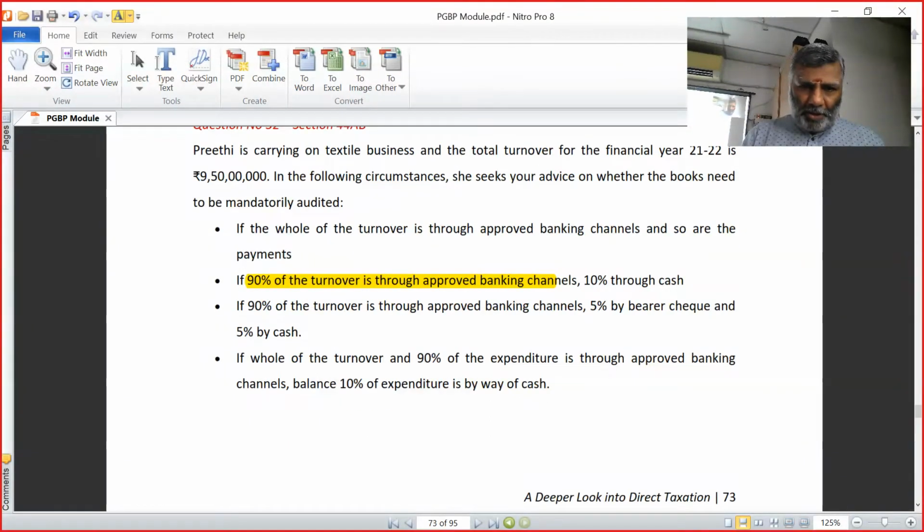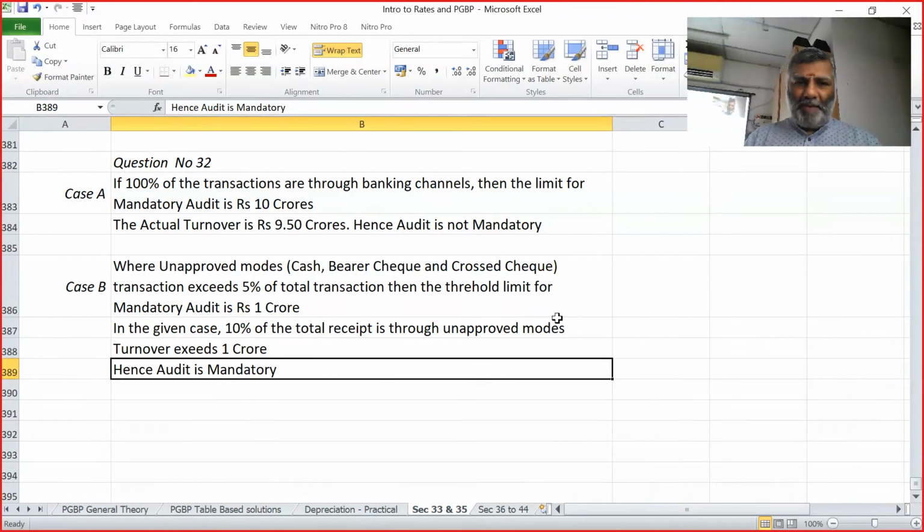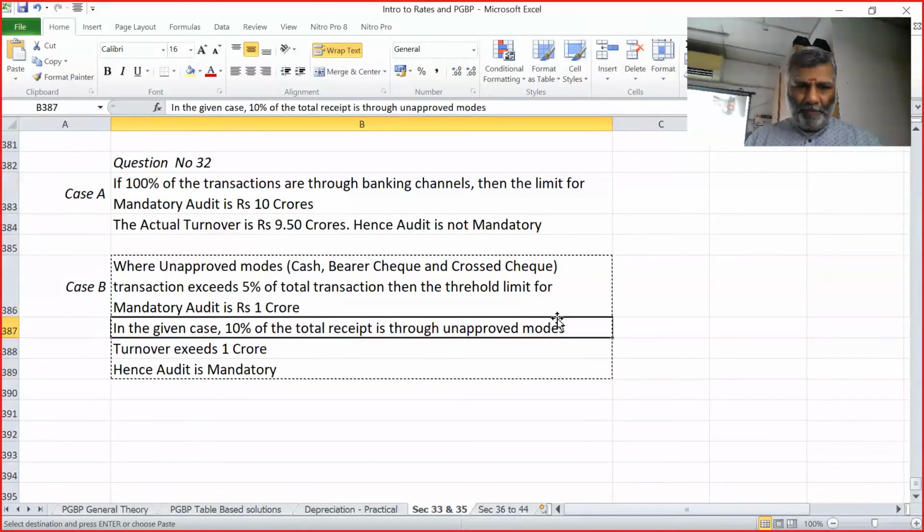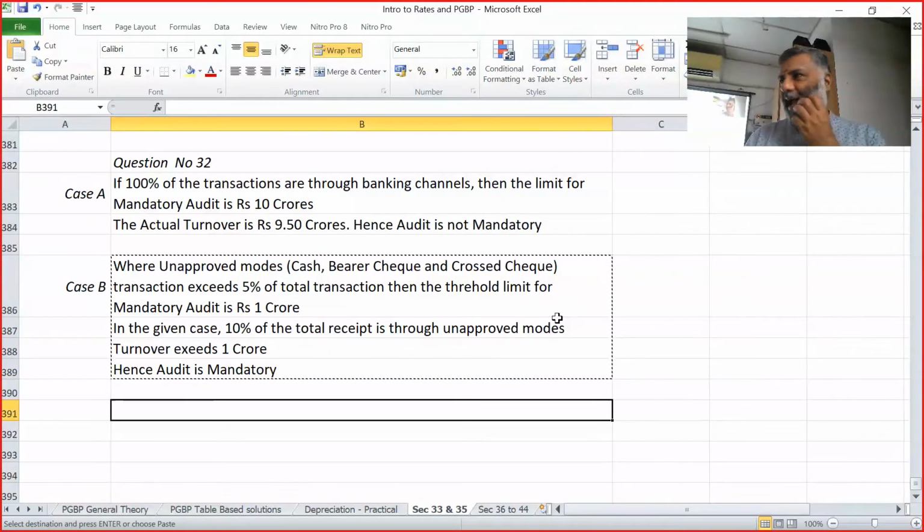Ninety percent of the turnover is through banking, 5% bearer cheque, 5% cash. The same, audit is mandatory. Last year they mentioned only cash. Then CBDT clarified that cash includes crossed cheque and so on, that's why this question.